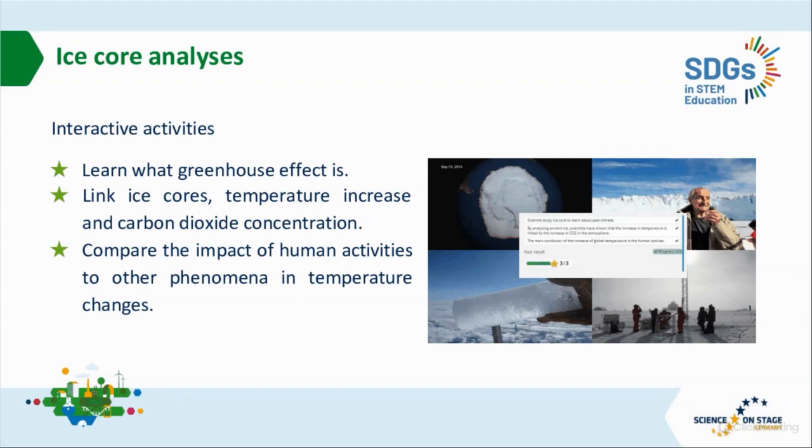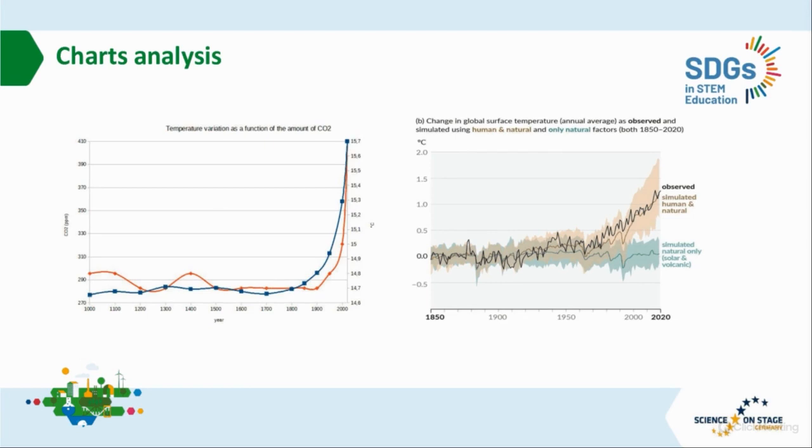So we can compare from different periods of time how much carbon dioxide we had, and there is some data about the increase in temperature according to this amount of carbon dioxide. So we will show them some graphics where they can analyze and realize how both magnitudes depend on each other.